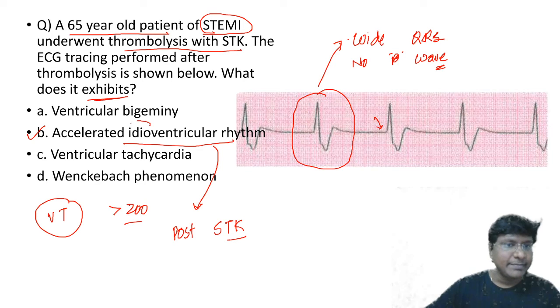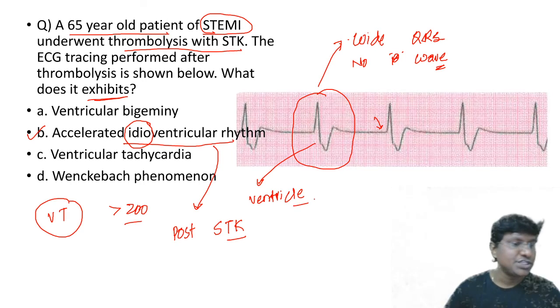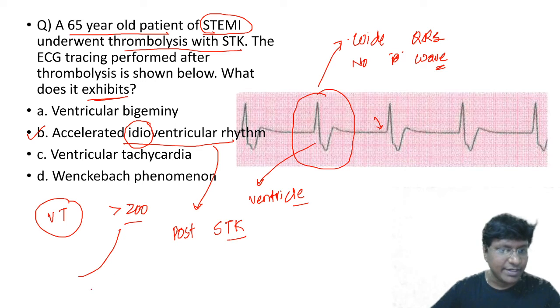Now, what do you mean by the word idioventricular rhythm? It is the rhythm which is originating from the ventricle. Now, why will it originate from the ventricle after your thrombolysis? Let me explain. For example, this is your ventricular myocardium, and this part of the ventricular myocardium has been dead because of the blockade of the vessel.